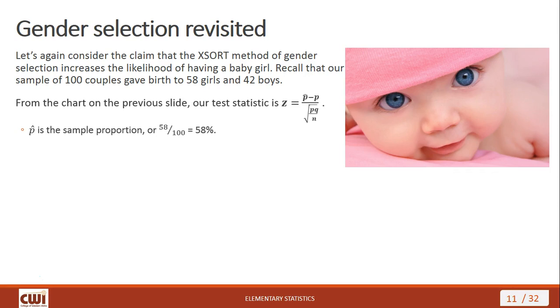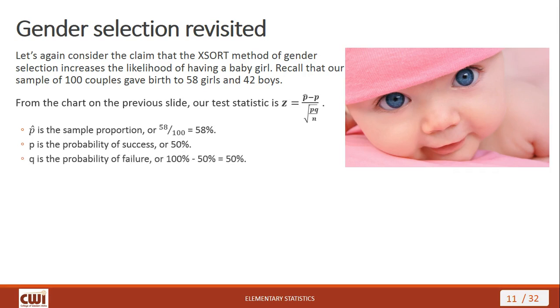P hat is going to be the sample proportion. So this is the 58 out of 100 children that were born girls, or 58%. P is the probability of success. So, all things being equal, it's equally likely you could have a girl as well as a boy, so the probability of success is 50%.